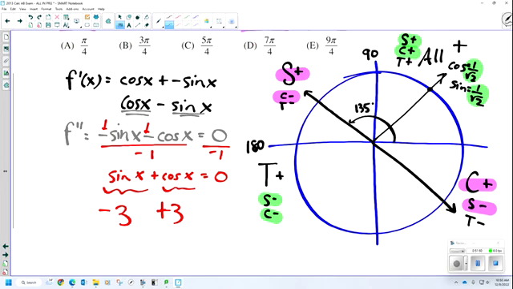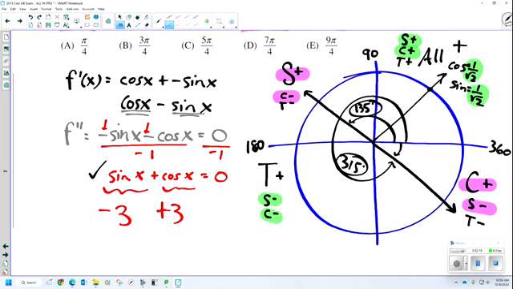And I've got to consider this 45-degree angle here, which means if I go all the way around, this is 360, and I go back 45, this is 315 degrees. So these are the two angles that will make that work, where I'll have my second derivative equal to 0.